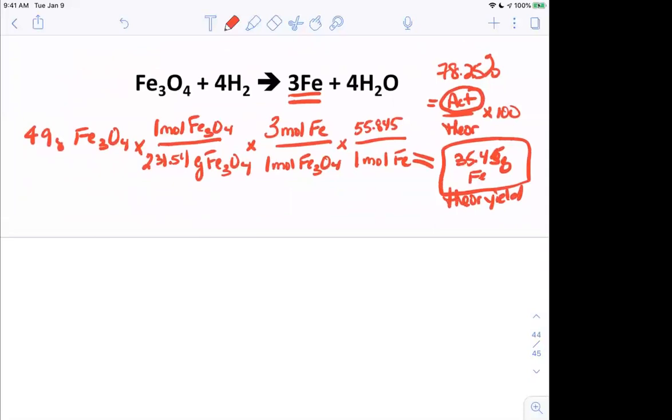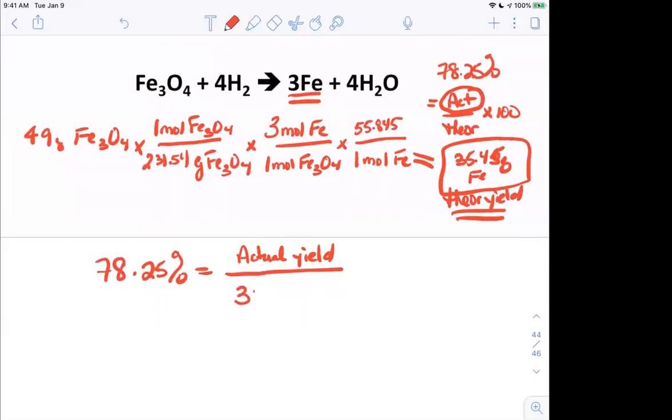So what I have is another algebraic equation. 78.25% is equal to the actual yield, which is what I am looking for, divided by the theoretical yield, which is 35.45 grams of iron, times 100.